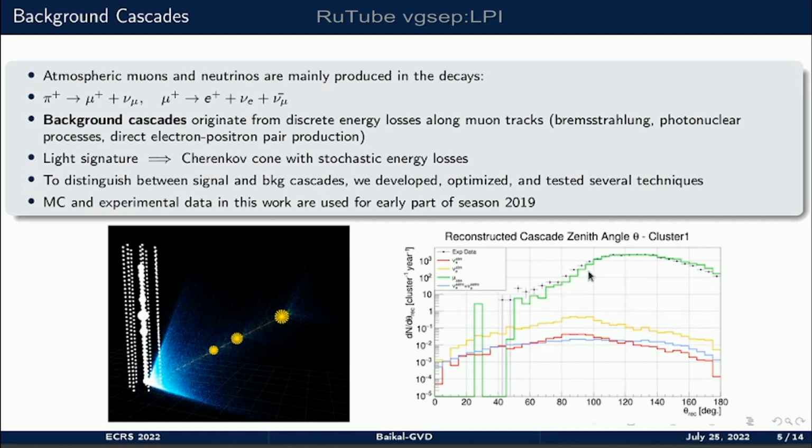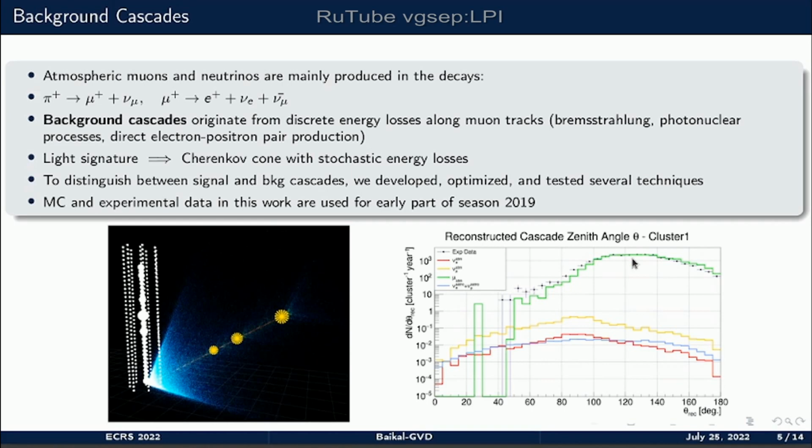Black dots correspond to the experimental data from part of the season 2019 for cluster 1, and the green line is for the Monte Carlo simulation of background cascades from atmospheric muons.